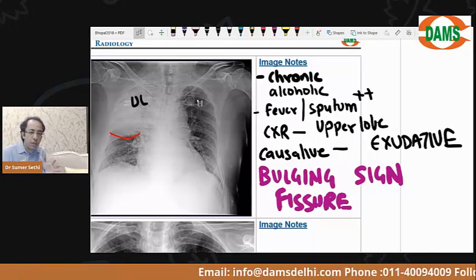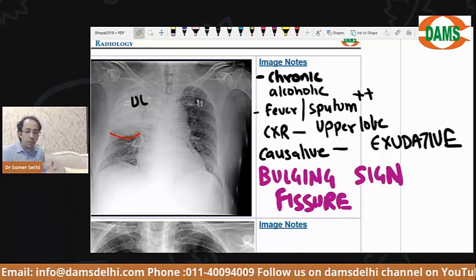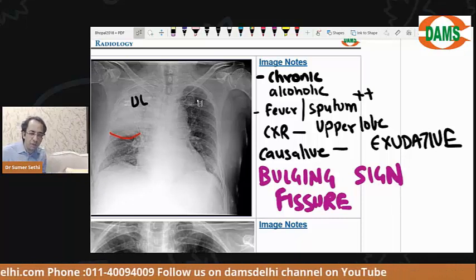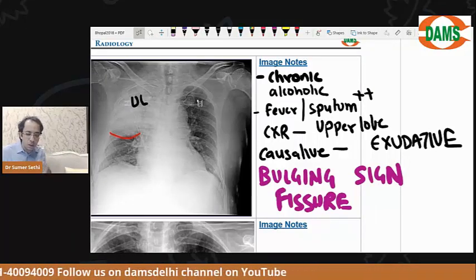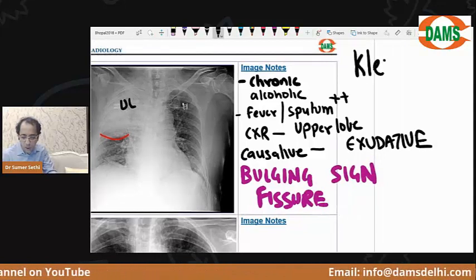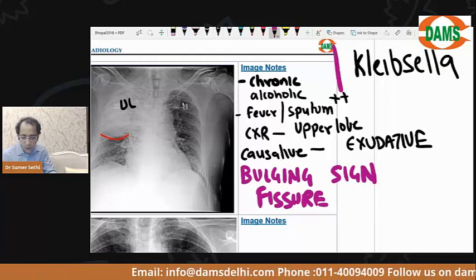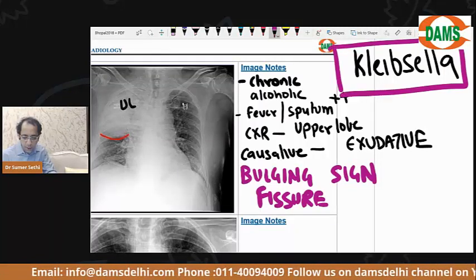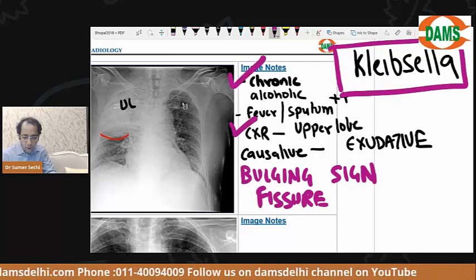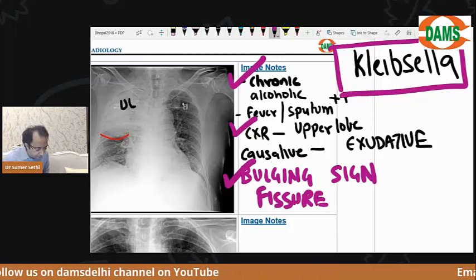There is pneumonia, but not only that, the upper lobe is expanded by the copious amount of exudates being produced here. Such exudates are seen in a pneumonia called Klebsiella. So the answer is Klebsiella pneumonia. Predominantly seen in the upper lobe, alcoholics and diabetics. X-ray shows bulging fissure sign.